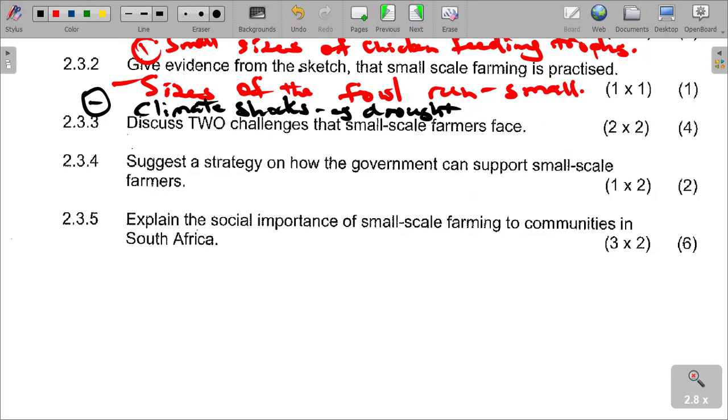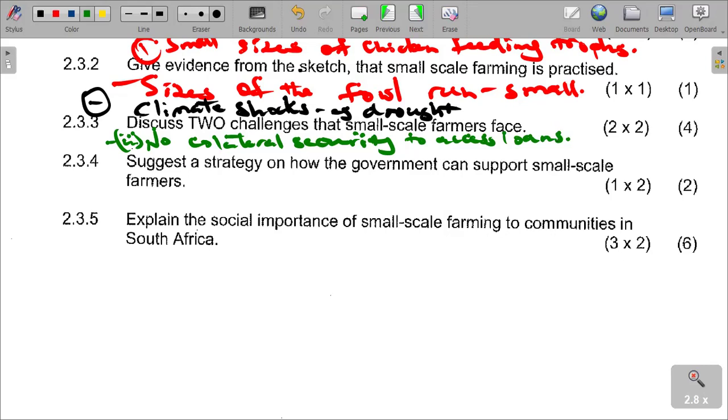We also talk about challenges such as no collateral security to access loans.